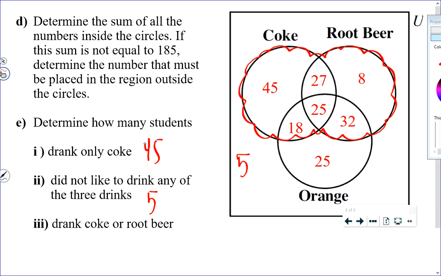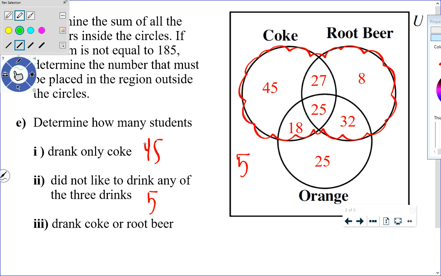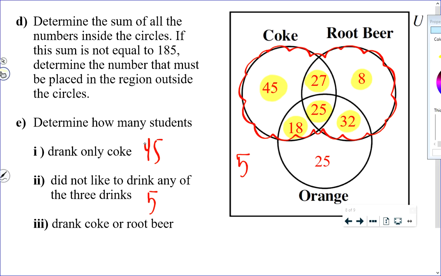So you have to add all of those numbers together, because Coke or root beer means Coke but not root beer, or root beer but not Coke, or both. And it has nothing to do with orange.